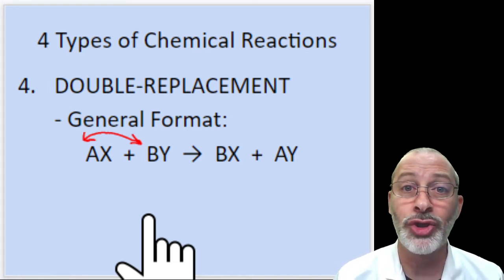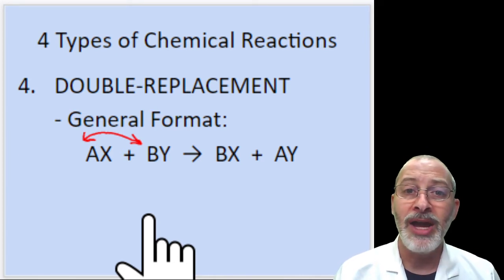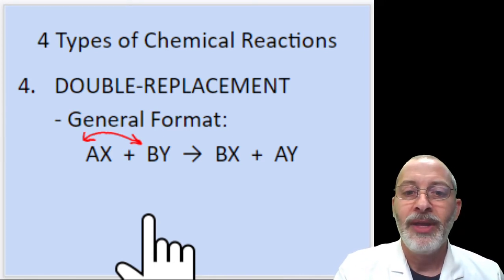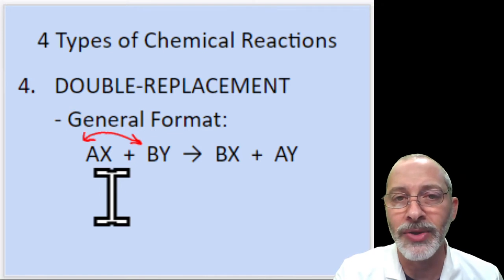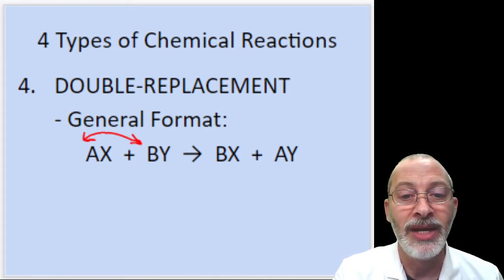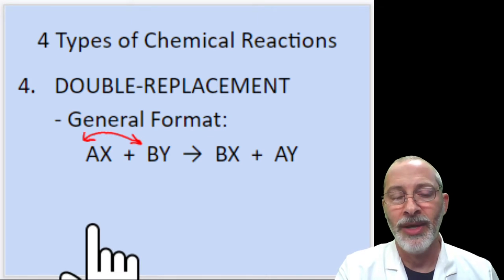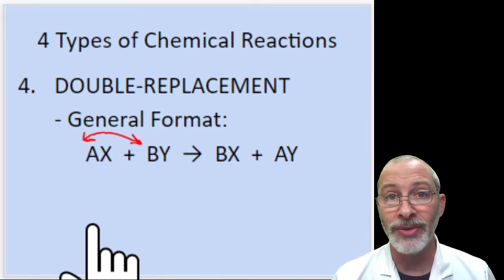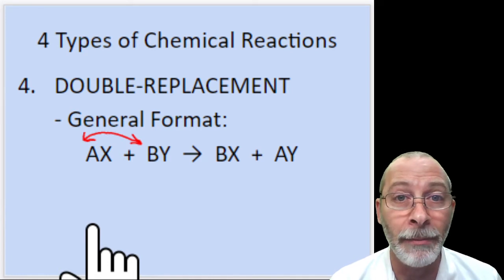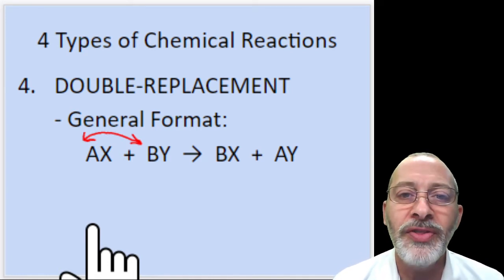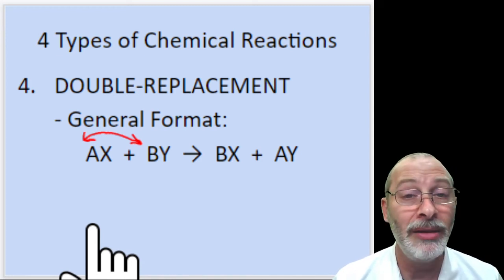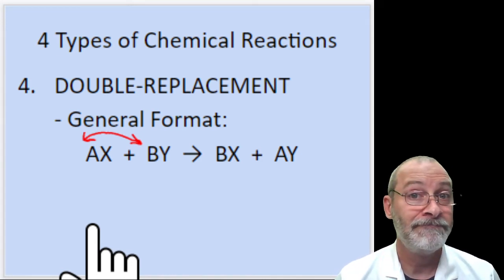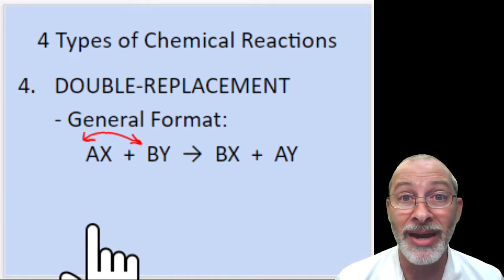When we write formulas, the metal is always written first, and the nonmetal or nonmetals are written second. Keep that standard in mind here, because if we've got two compounds with two or more elements, what do you think the first element is? What kind of element? A metal or a nonmetal? Yeah, it's going to be a metal.